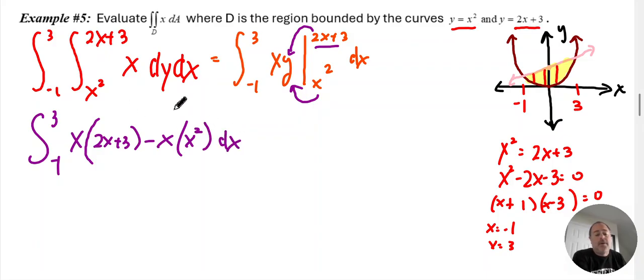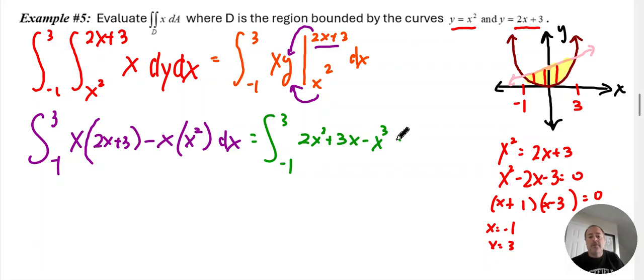Again, we're not doing anything with the x's, we're just plugging into our y value. Then a quick simplification: from -1 to 3, we get 2x squared plus 3x minus x cubed, dx.